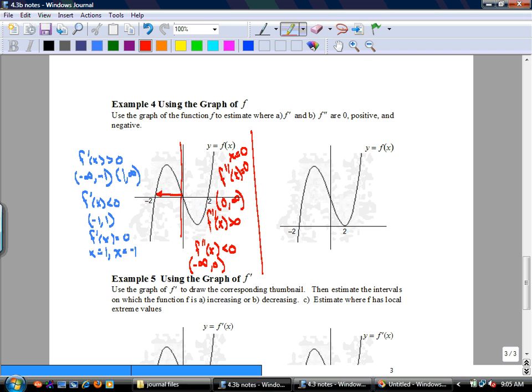Oh yeah, sorry. Yeah, you're right. Those are the points you're looking at. So it's increasing left of, I don't know, -1, and it's increasing to the right of +2, and it's decreasing between -1 and +2.